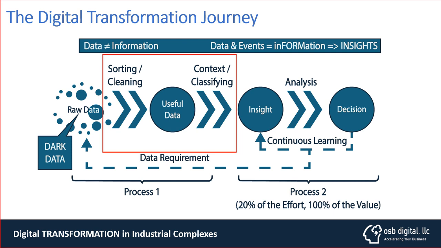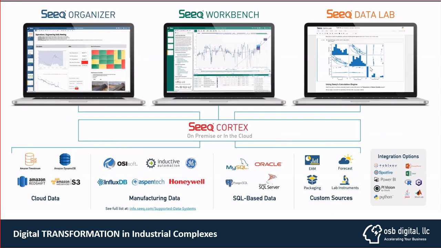Really, information is the combination of data and events. And this information, transformed with models, enables us to define the insight and the corrective actions that are required to maximize the recovery in a mineral processing plant.